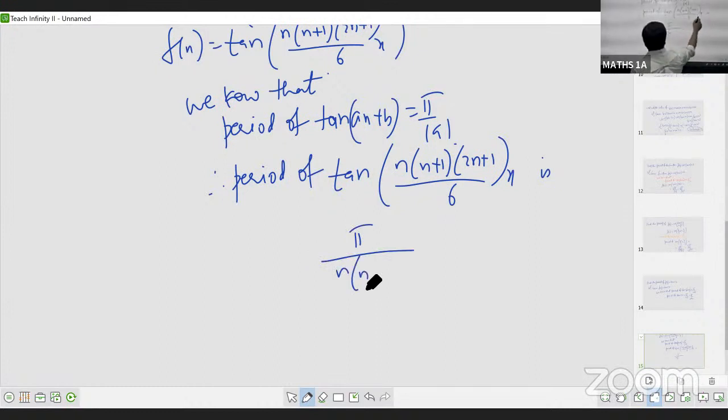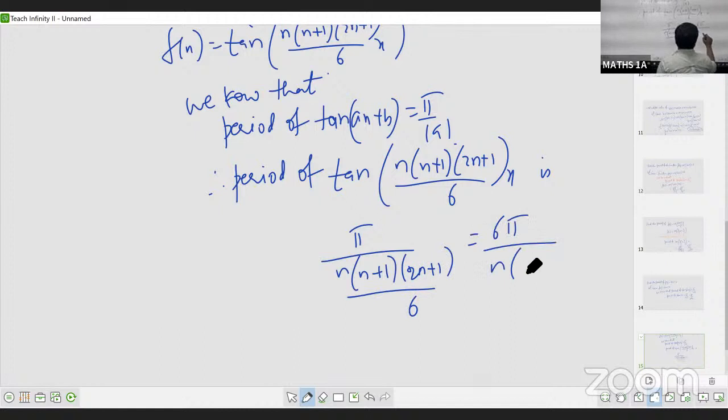A is nothing but your x coefficient, n into n plus 1 into 2n plus 1 by 6. So the period is 6 pi by n into n plus 1 into 2n plus 1. Is it clear?